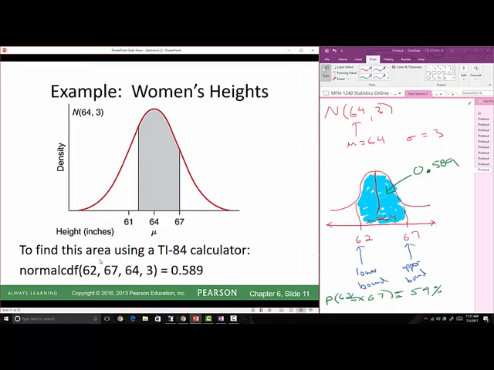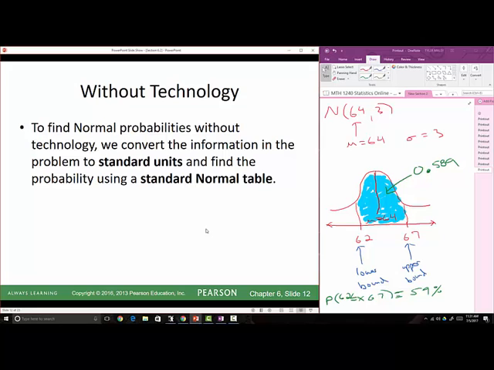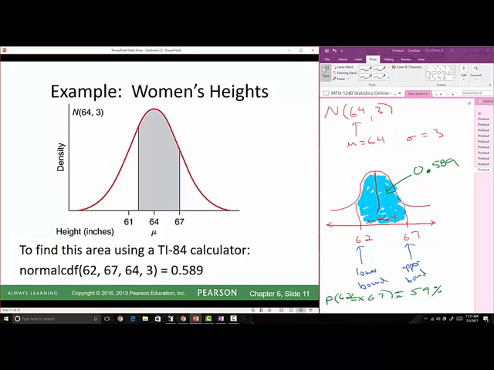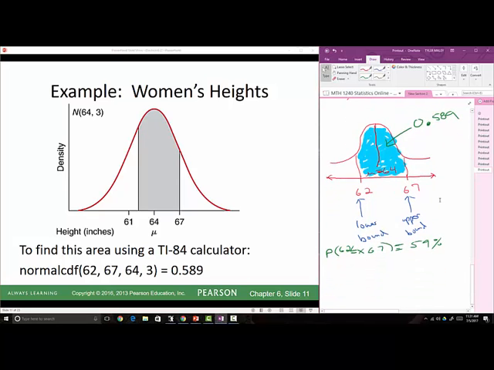But if you don't, this is how you would do it. You do lower bound, upper bound, and then mean, and then standard deviation, and that will give you the probability, in that order. Next I would like to show you how to do this using R.